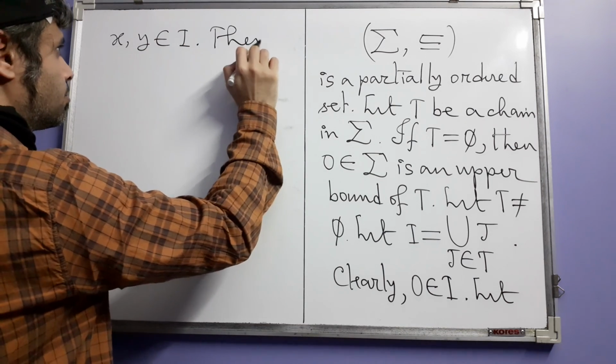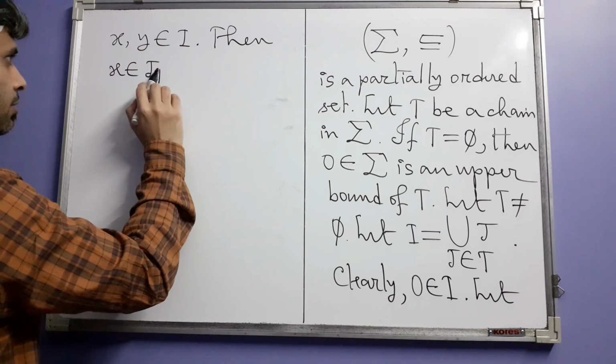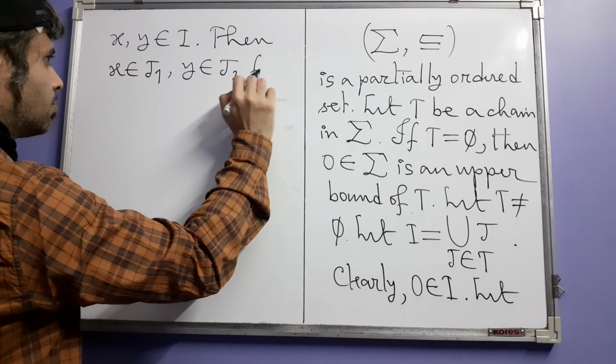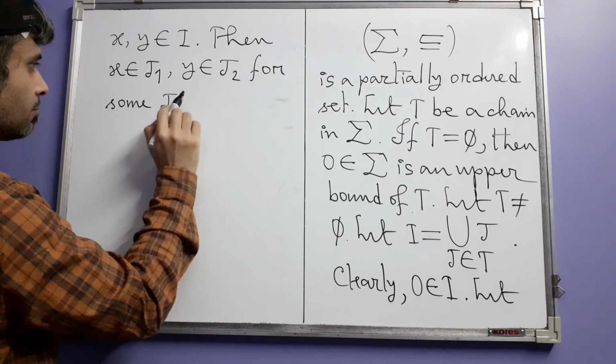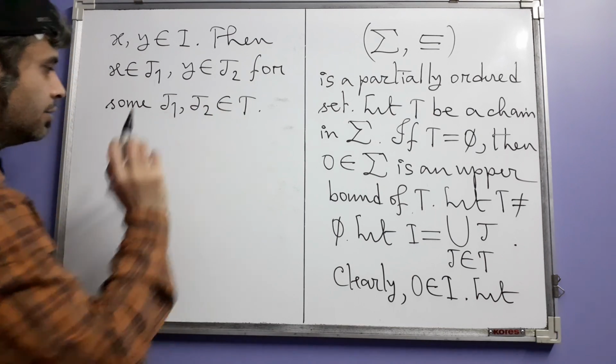Then x belongs to J1 and y belongs to J2 for some J1 and J2 in T.